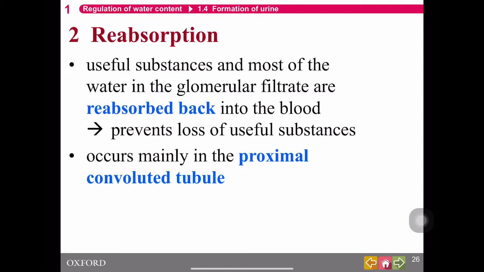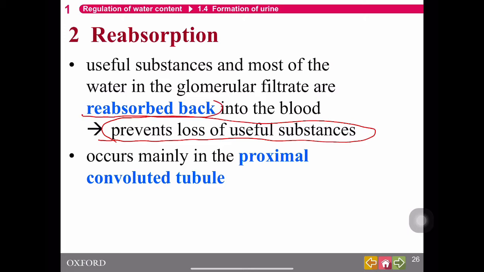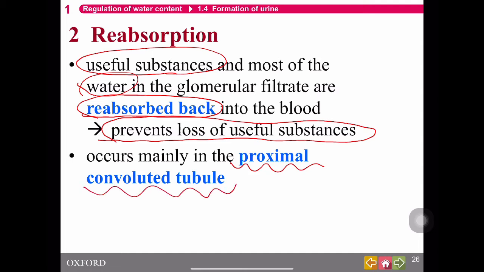Now, to prevent the loss of useful substances in the glomerular filtrate, finally, as urine, the kidney tubule reabsorbs most of the water and other useful substances from the glomerular filtrate back into the bloodstream. And most of the reabsorption occurs in the proximal convoluted tubule.